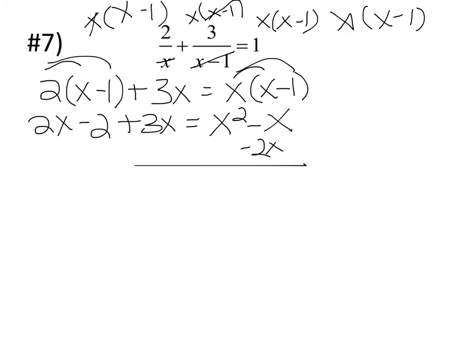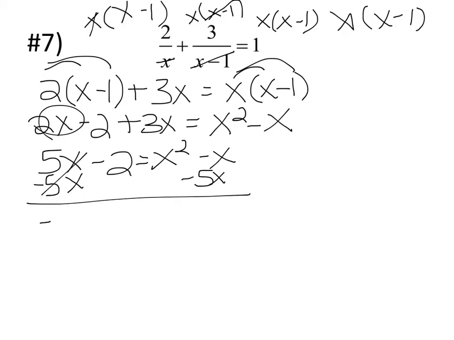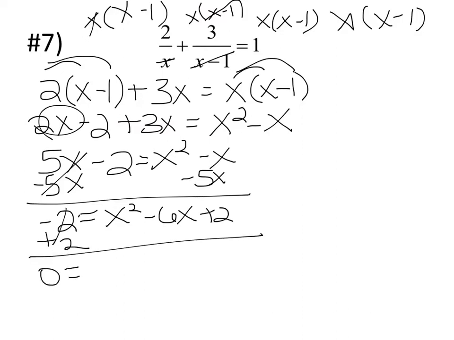Before I do that, let's save ourselves some time later and go ahead and combine like terms on the left. So 2x plus 3x is 5x minus 2 is equal to x squared minus x. Now let's go ahead and subtract 5x over to the other side, which is going to leave me negative 2 is equal to x squared minus 6x. I'm going to add 2 to both sides, and you get 0 is equal to x squared minus 6x plus 2.